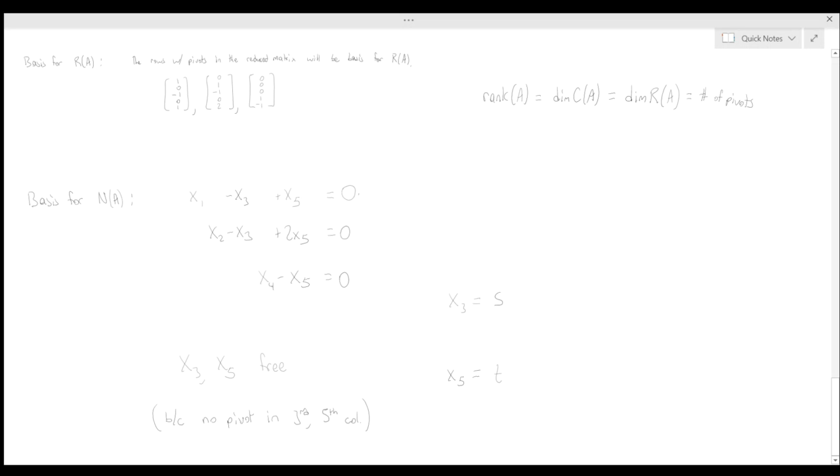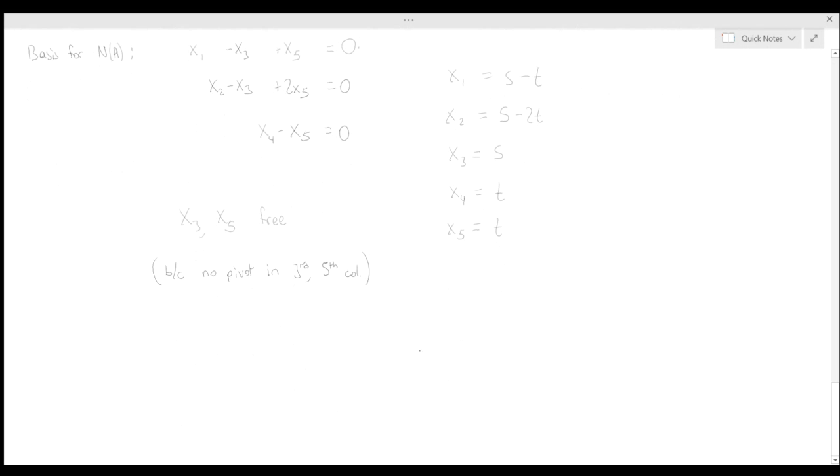I use s and t for my parameters. And then I want to solve for the remaining variables in terms of these parameters. So for instance, x4 will be equal to x5, so it'll be equal to t. x2 will equal x3, which is s, minus 2t, whereas x1 will be s minus t.